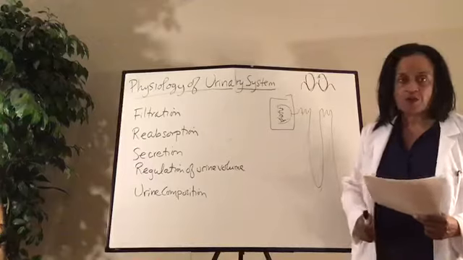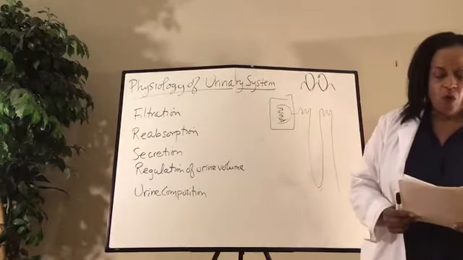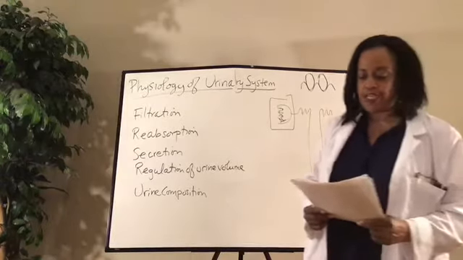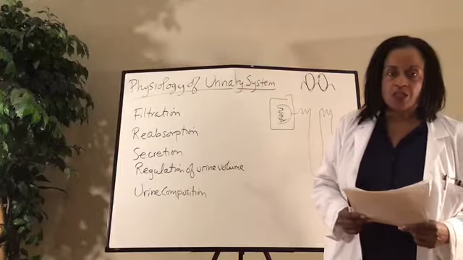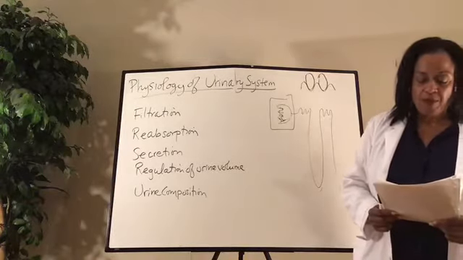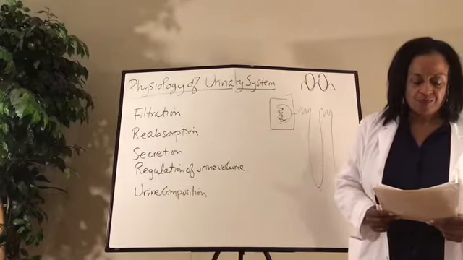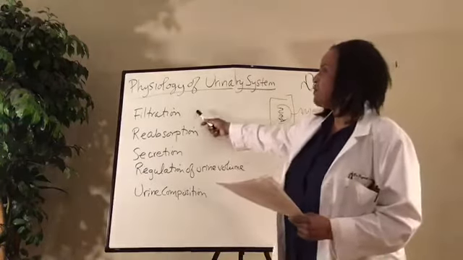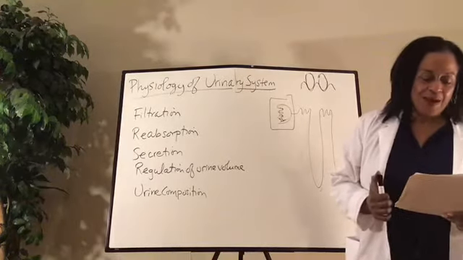Let's go down to the first one. Filtration, or the movement of water and protein-free solutes from the plasma into the glomerulus, across the glomerular capsular membrane, and into the capsular space of Bowman's capsule. So filtration, in other words, is the first step in blood processing.